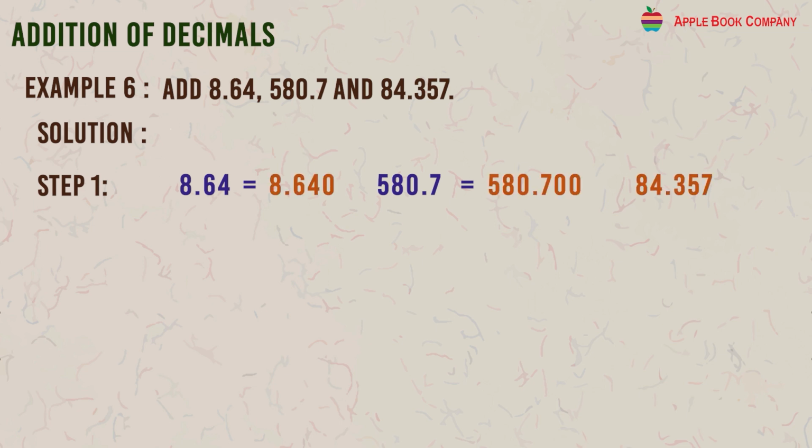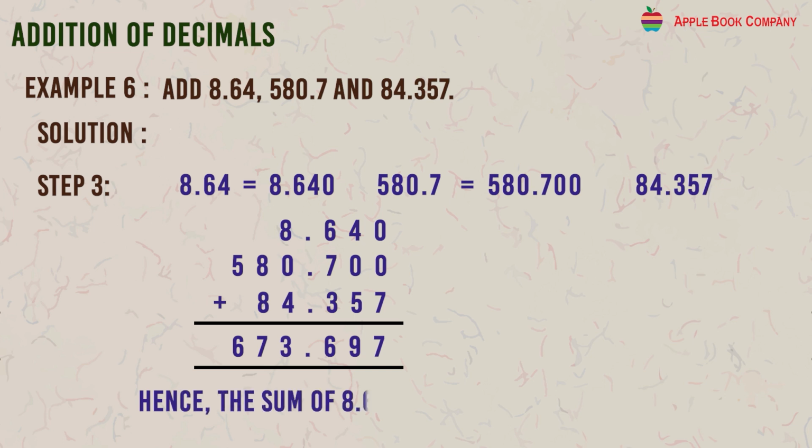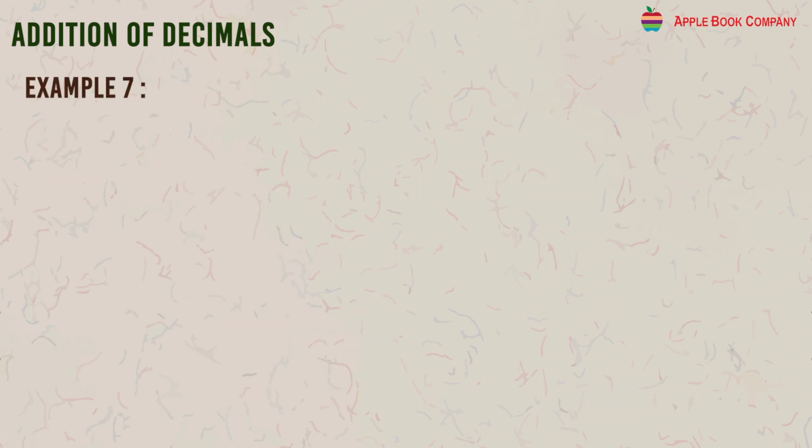Step 1. Convert to like decimals. Step 2. Arrange the numbers column wise. Step 3. Just add as the ordinary numbers. Hence, the sum of 8.64, 580.7 and 84.357 is 673.697.